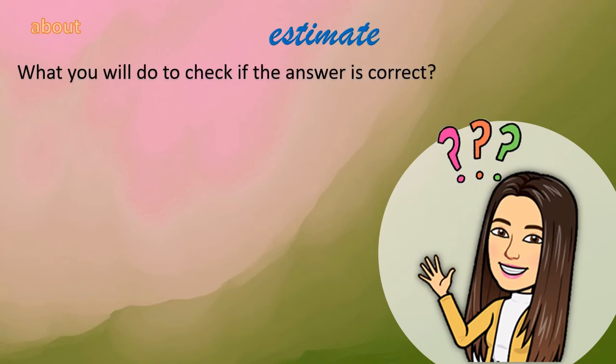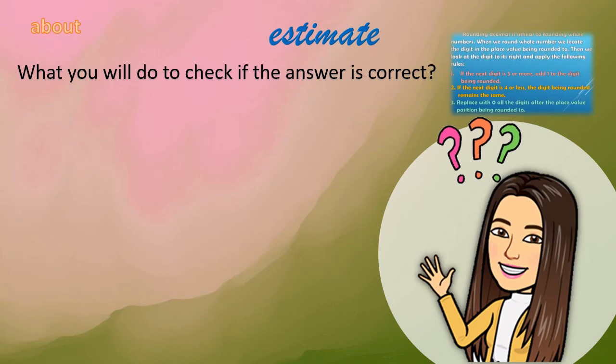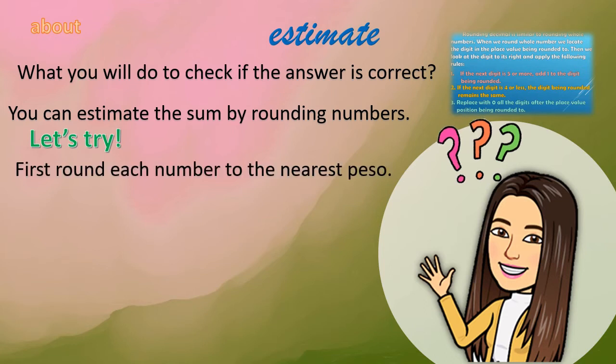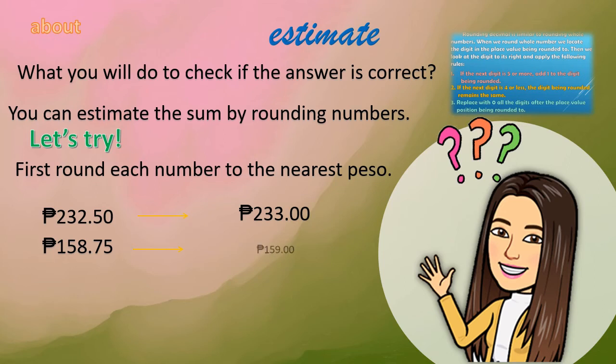What will you do to check if the answer is correct? Can you still remember the rules or the steps in rounding numbers or decimals? Yes, you can estimate the sum by rounding numbers. Let us try. First, round each number to the nearest peso or 1. 232 pesos and 50 centavos will become 233 pesos. 158 pesos and 75 centavos will become 159 pesos.